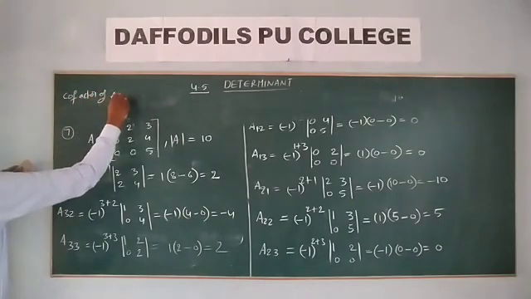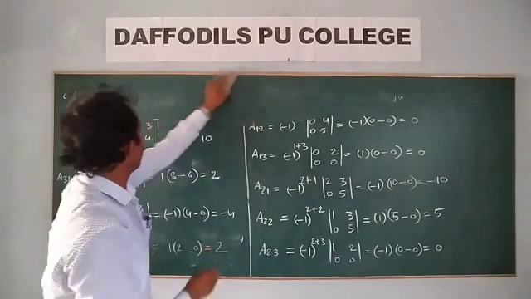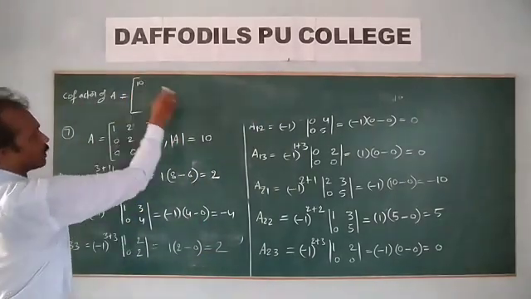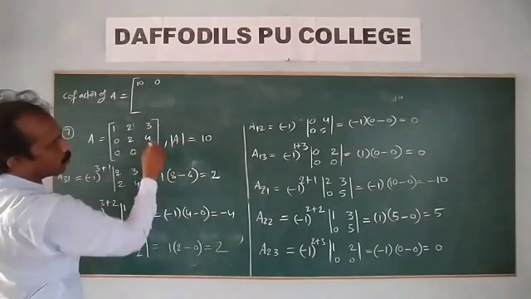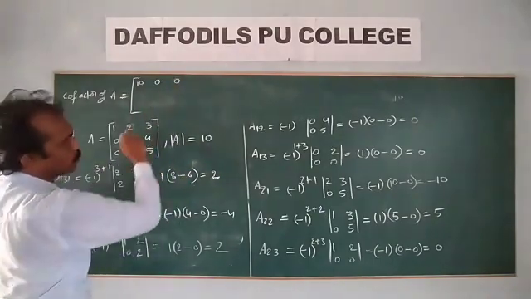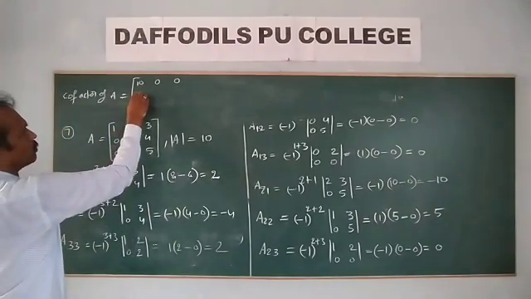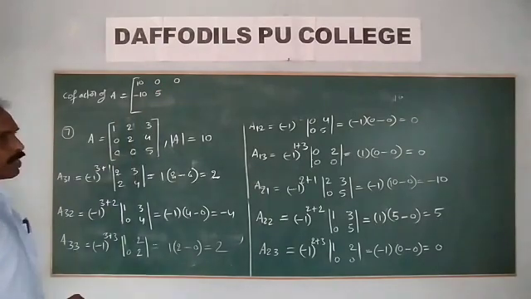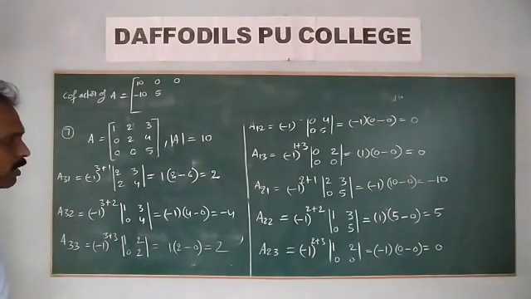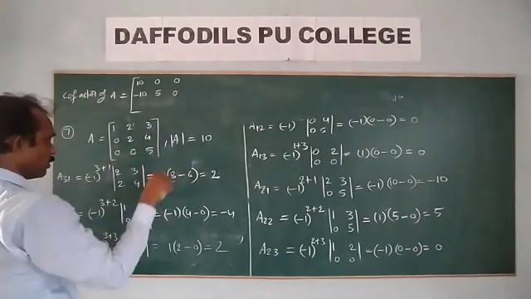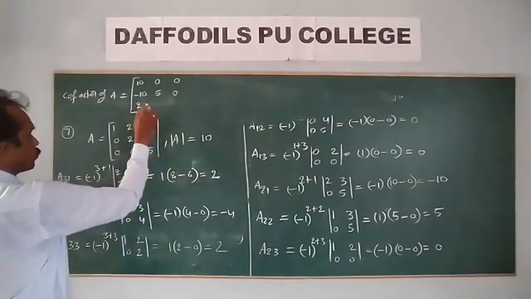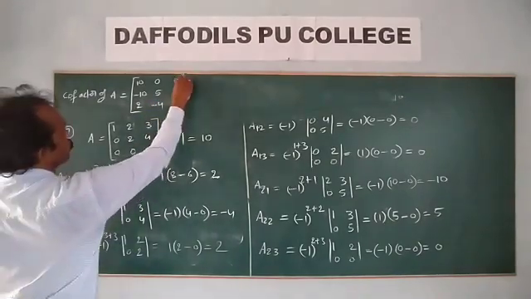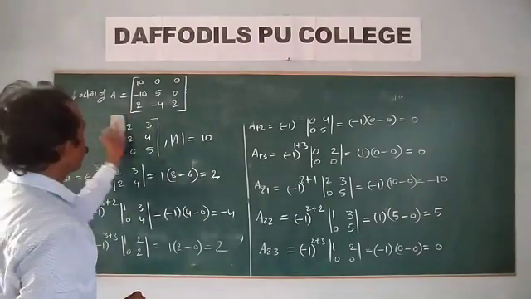Cofactor of A: A11 is 10, A12 is 0, A13 is 0, A21 is minus 10, A22 is 5, A23 is 0, A31 is 2, A32 is minus 4, A33 is 2. So this is the cofactor matrix.